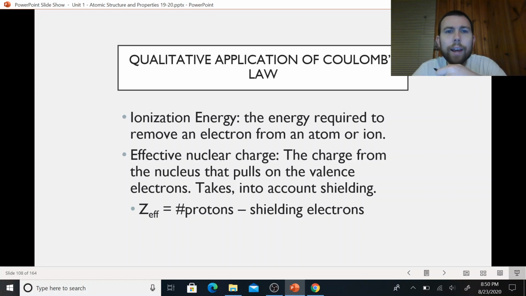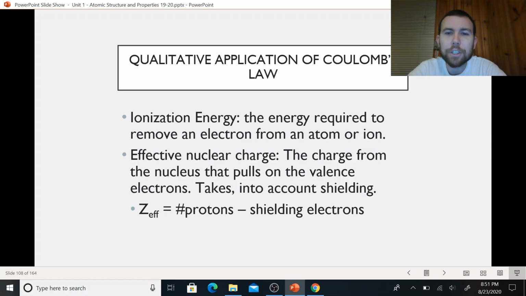That attractive force is going to be determined based on this effective nuclear charge, right? The effective nuclear charge takes into account the fact that those protons are pulling on the electrons in the electron cloud. In addition, effective nuclear charge takes into account something called shielding.